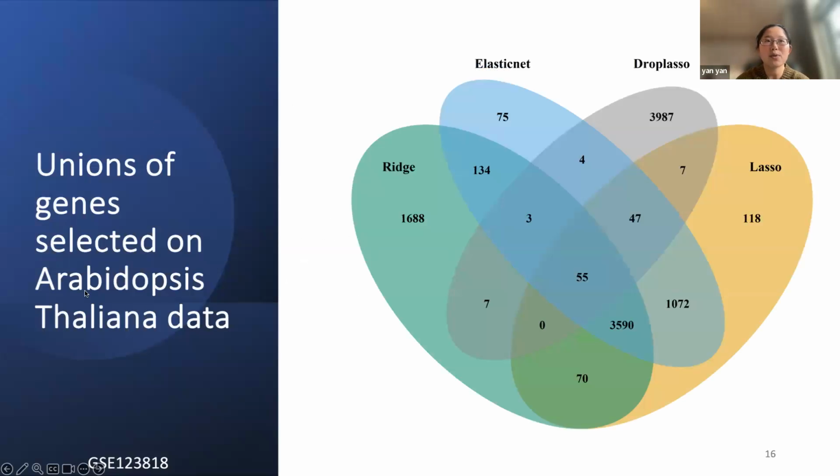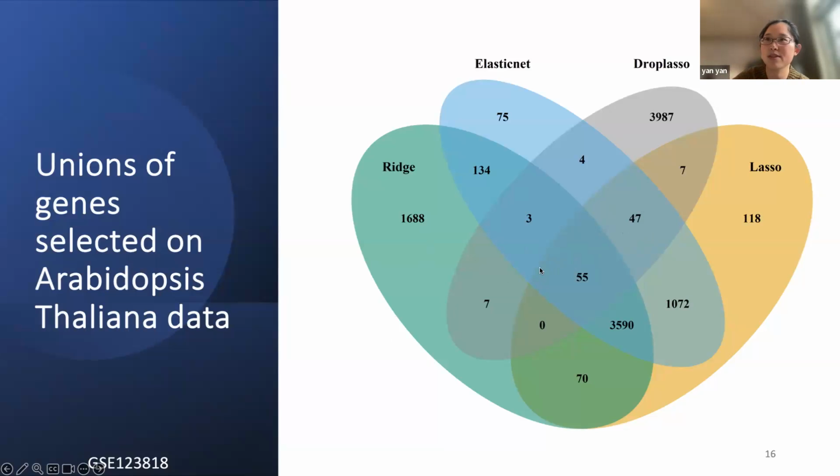If we look at one particular data set, we want to understand how the genes reported by the 4 penalized regression models, ridge, ElasticNet, drop lasso, and lasso, overlap with each other, and whether the union makes sense. We do see some overlap depending on the models.